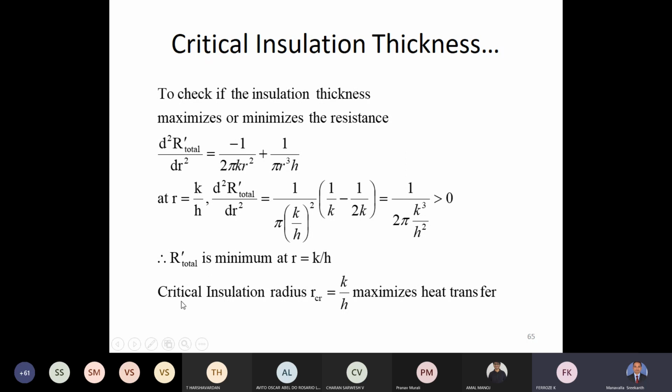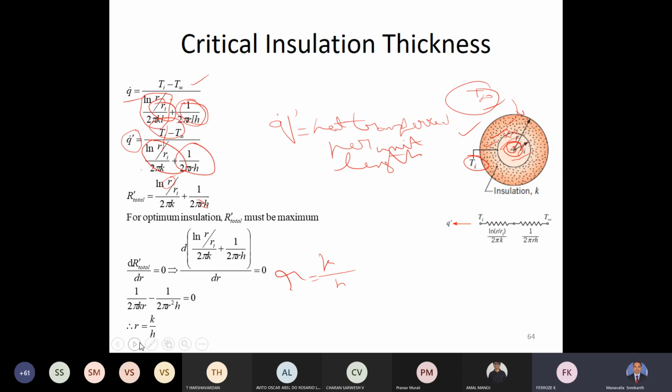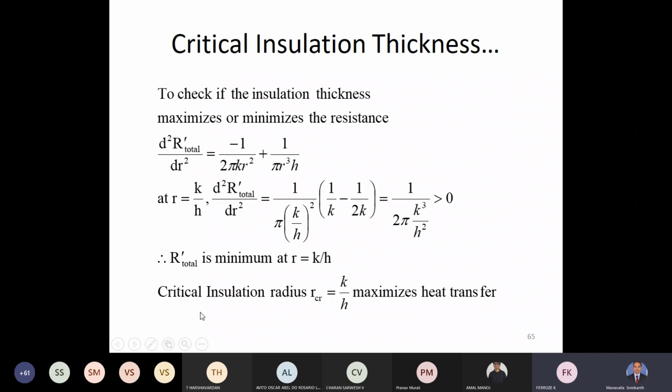This is called the critical insulation radius. Remember, this is not the optimum insulation radius, it is the critical insulation radius. For the critical insulation radius, the formula is r critical. Until now we said it's simply r. Now we have found that at this r, the total resistance will be a minimum, and therefore this r will become the critical radius. Critical radius is k by h, and this will maximize the heat transfer.